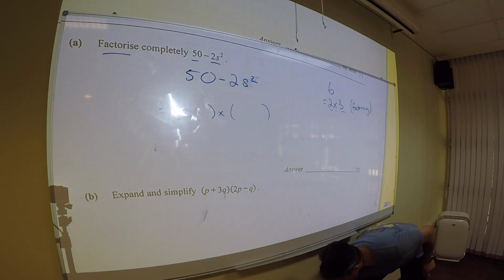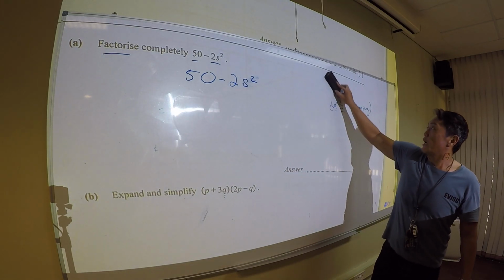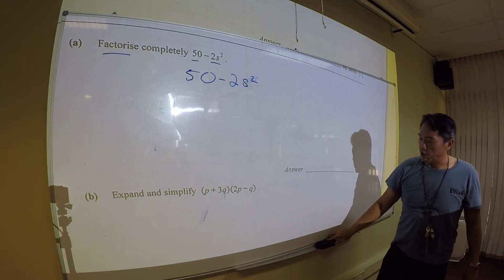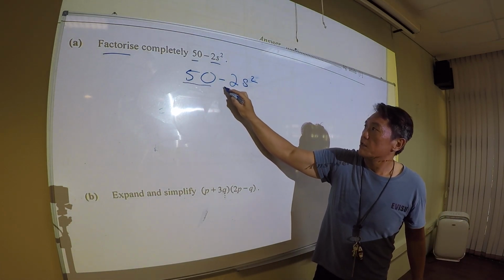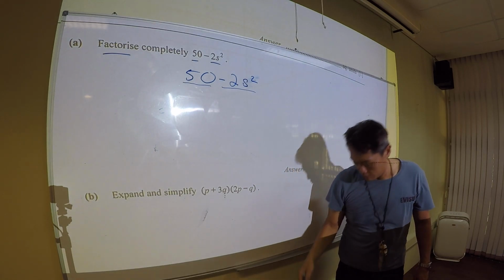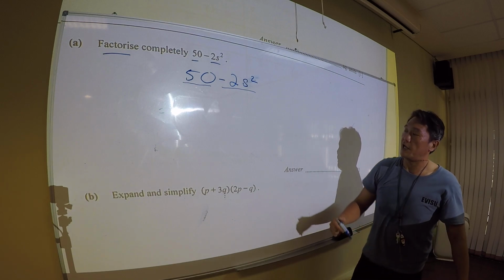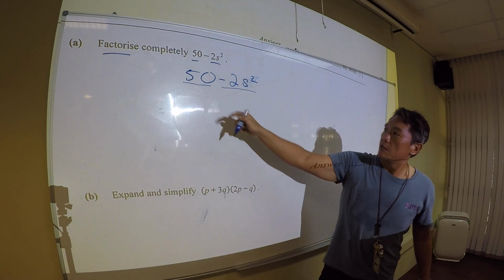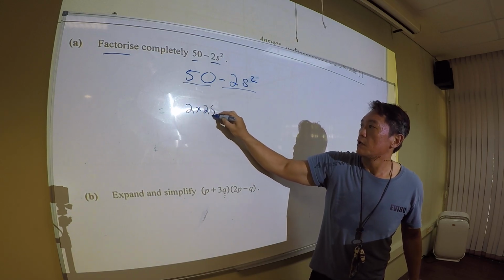Okay? So the method to do it is, we have to find what is the common factor from the front and the back. Right now there is a number minus a number. But both these numbers can be divided by a common number. 50, I can write as 2 times 25.